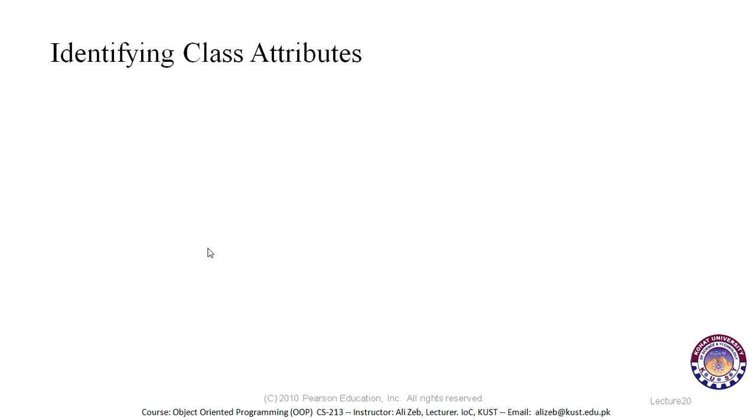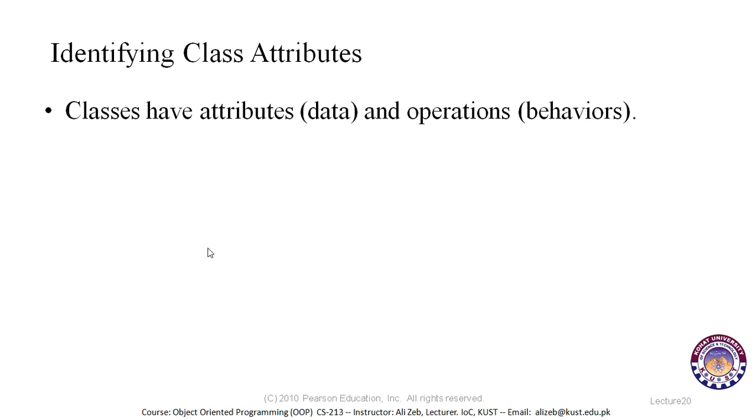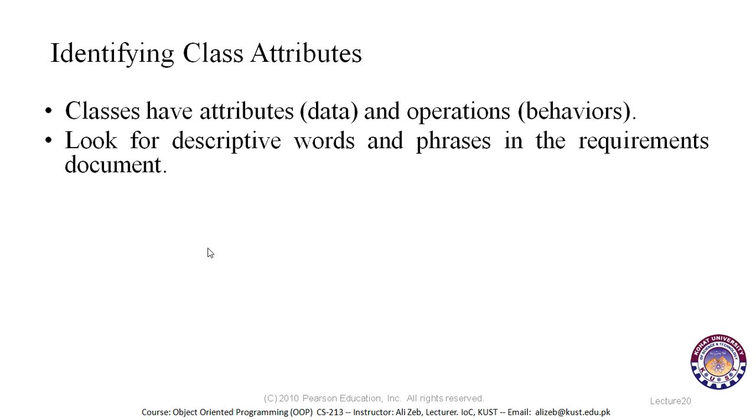Now in the next stage, we'll try to identify the class attributes. Classes have attributes and operations, as we have said right from the beginning of this course. Look for descriptive words. Now what if we are not provided with any attributes? We will need to pick our attributes from the requirements document.